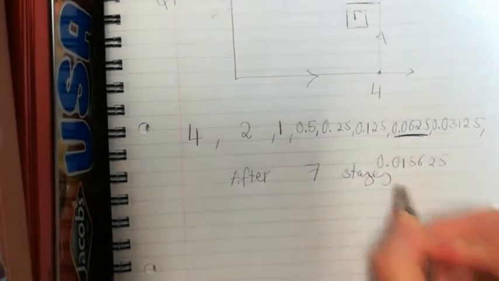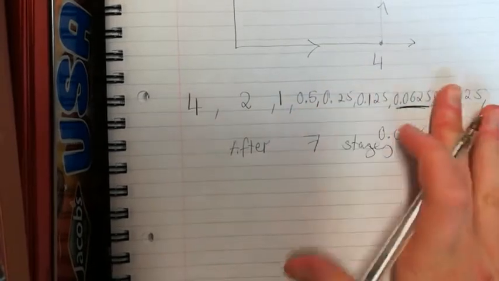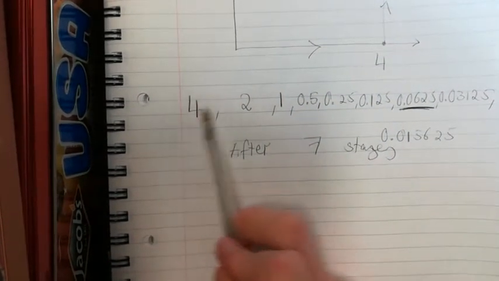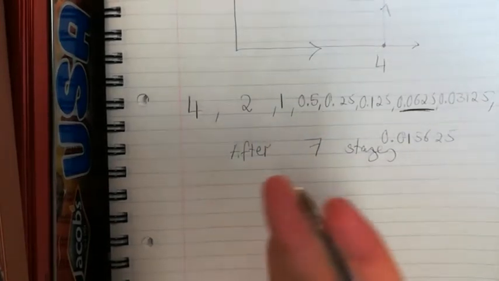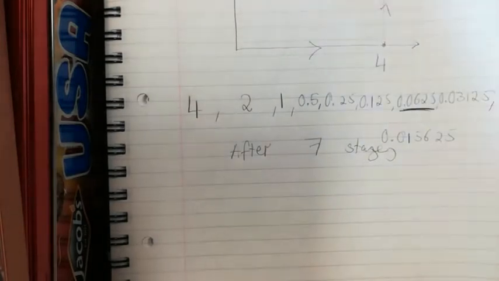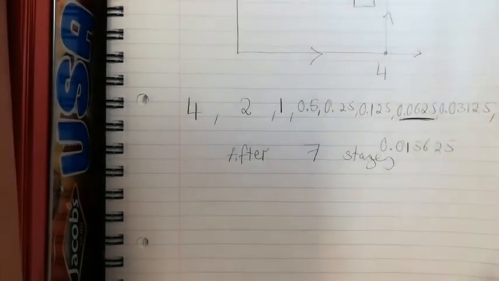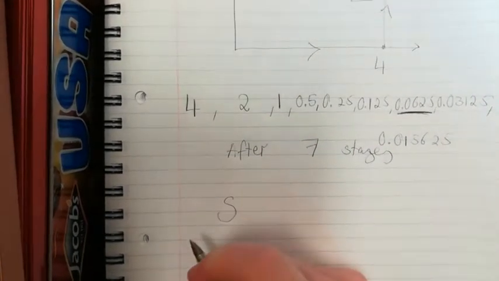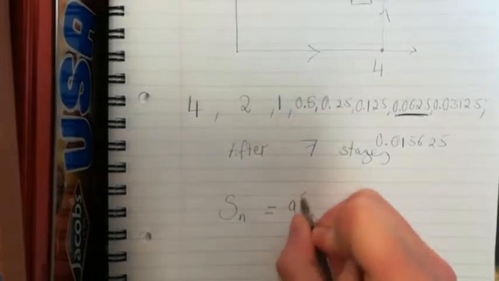But they could have given us a value that could have been after 20 stages, and we mightn't have been able to do it that easily. So we have terms, and we want to get the sum. The sum of a geometric series is equal to this, and you get this in your log tables.